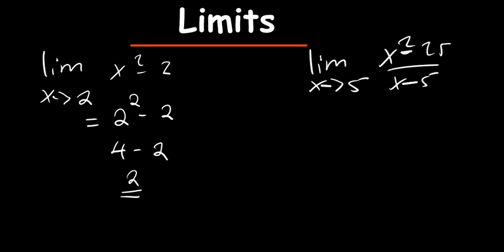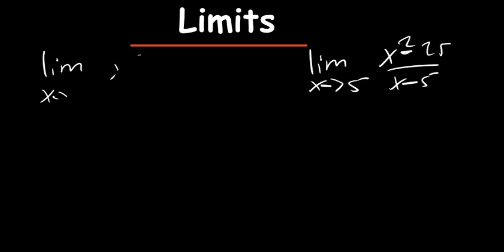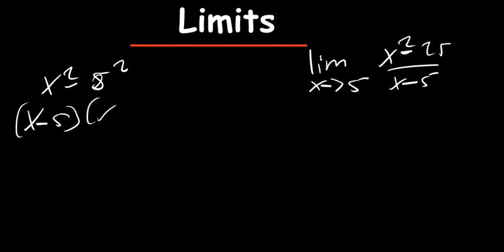I need to find a way to make this function defined. x to the power 2 minus 25 is the same as x squared minus 5 squared. If there is a minus, that is a difference of 2 squares. What do we mean by a difference of 2 squares? It is x minus 5 and x plus 5.